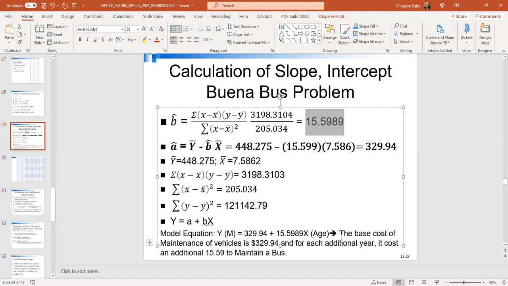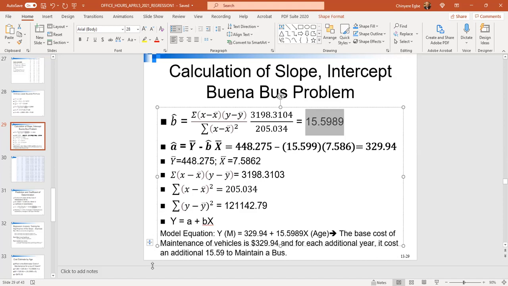That's what it is for every additional year. So a bus that is 1 year old will cost you $329 plus 15.59. A bus that is 2 years old will cost you $329 plus 15.59 times 2, which is about $31.